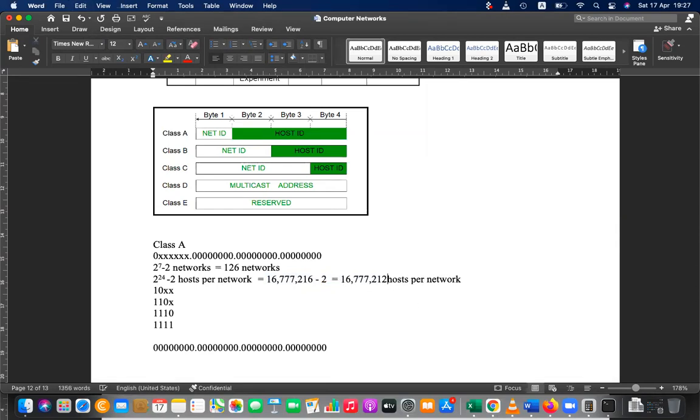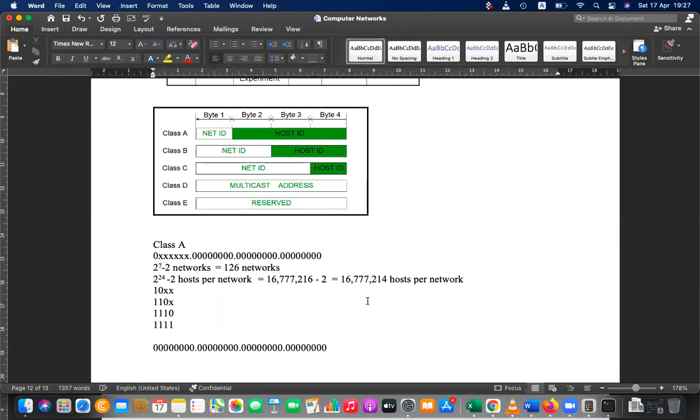Anything unclear, you can ask now. So in a single network, you can have 16 million computers connected. That is a very, very large network. Class A networks are used by very large companies.